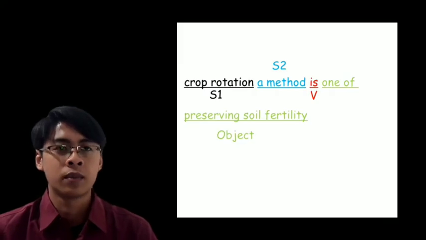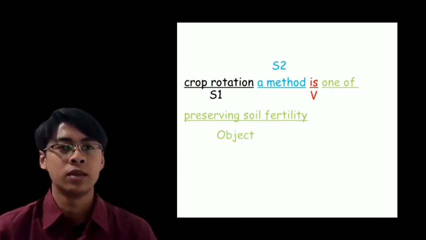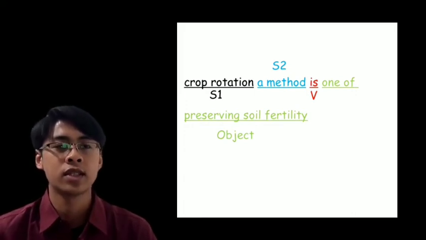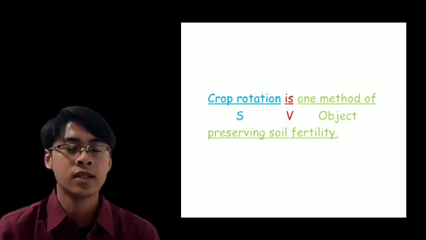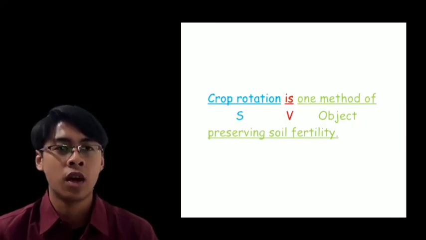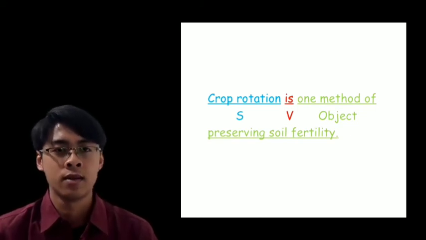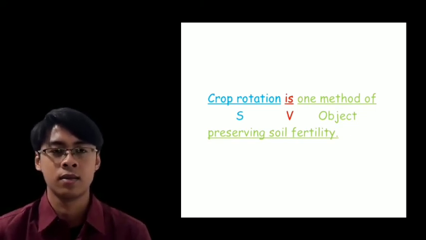In option C, we have a verb but also two subjects. This is the same as option A, so this is the wrong answer too. In option D, this is the best answer because this sentence has one subject, verb and object.